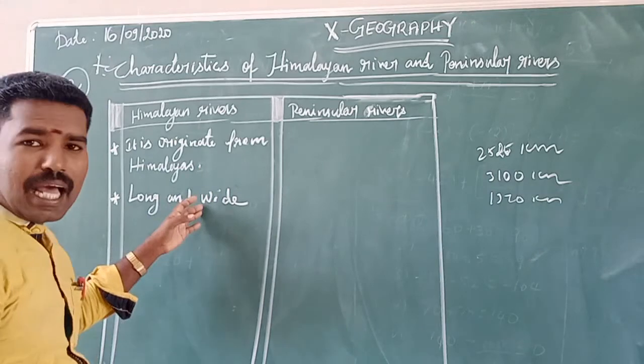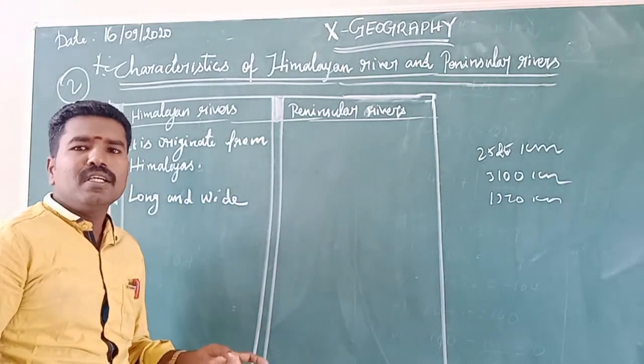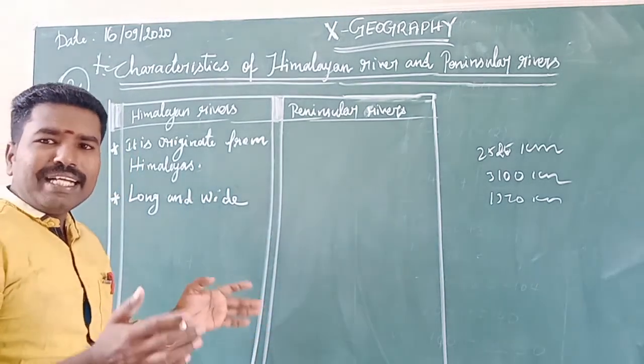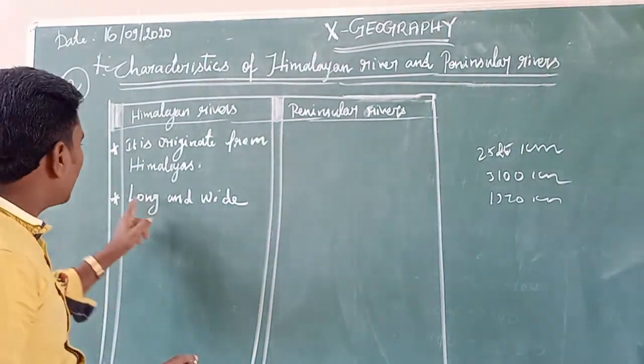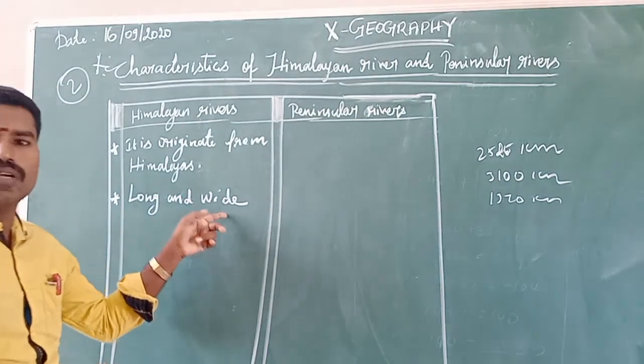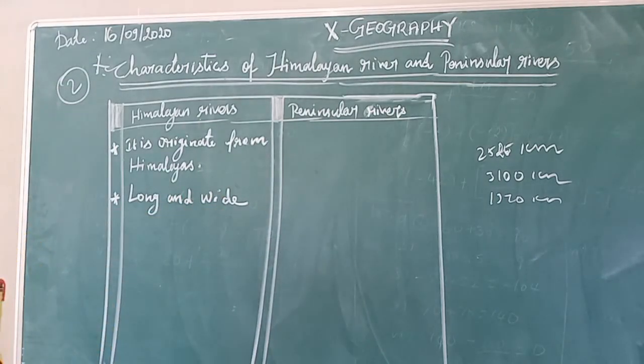Because of the rapid flow of water, the sides of the rivers are eroded, so they become wide. So long and wide rivers flow in the Himalayas.